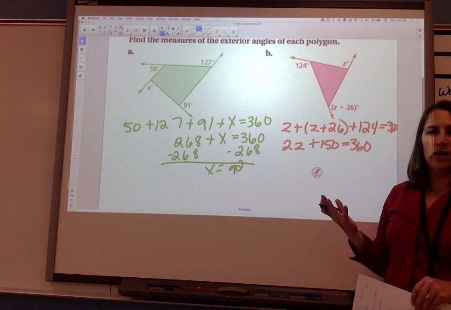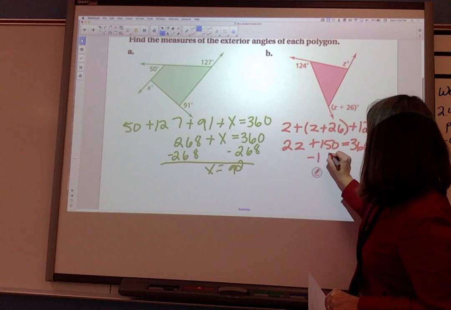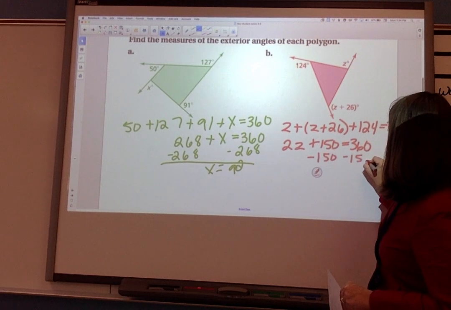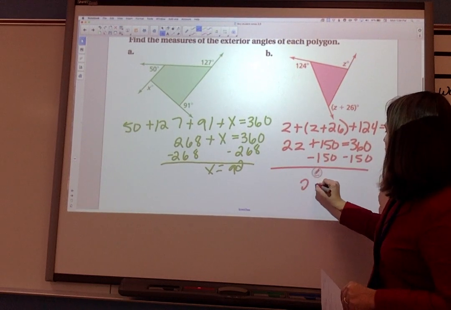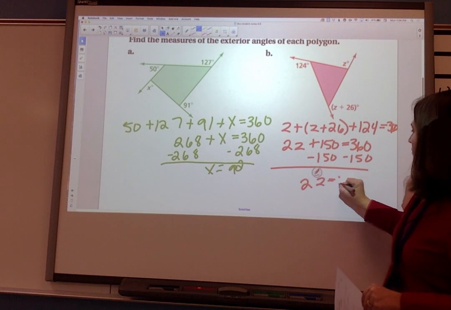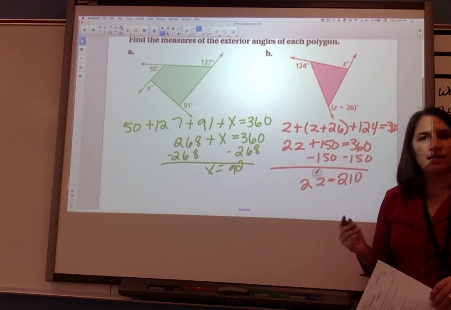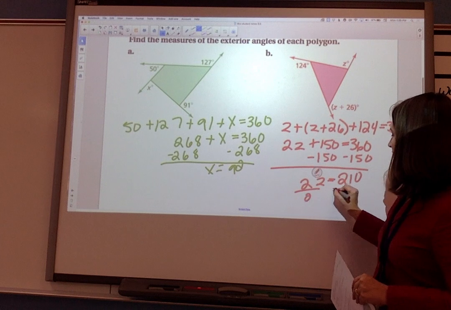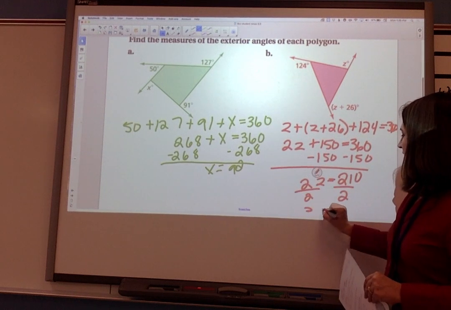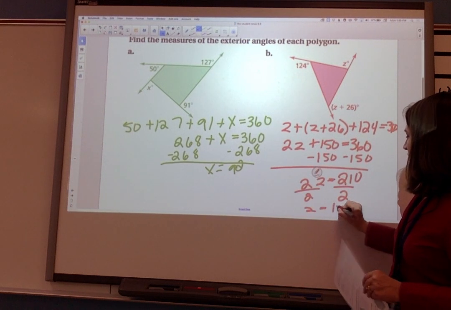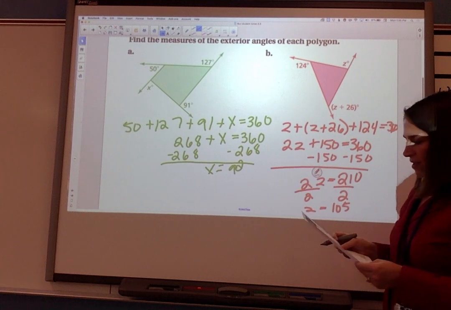And now we're going to subtract 150 from both sides. We get 2z equals 210. So then to solve for z, we divide by 2 on both sides and get z equals 105 degrees.